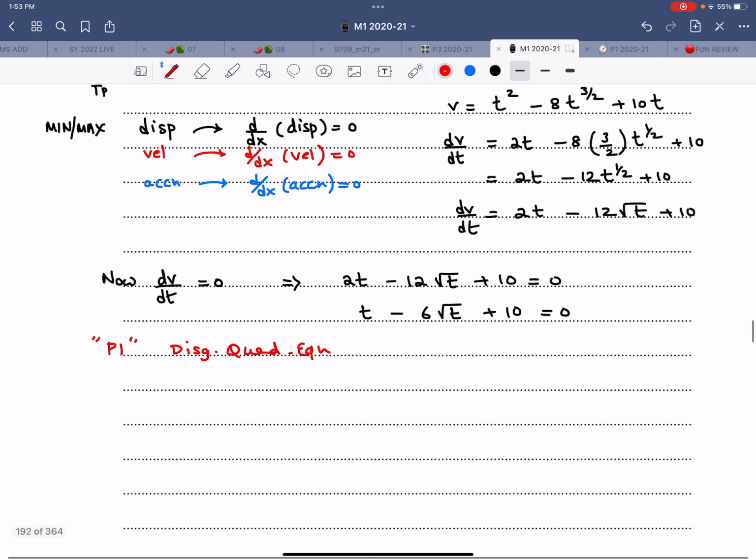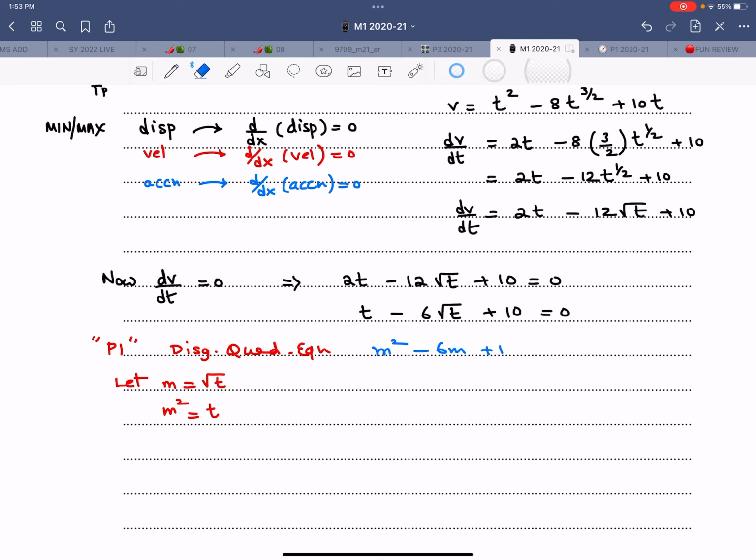You will make a substitution. Let m equal the square root of t. Therefore, m square is equal to t. So what does it become? m square minus 6m plus 10. Actually, 10 becomes 5, so let me do the correction. You come across these mistakes, especially when you're teaching and solving it live. So this is 5, this is 5, and this is 5.